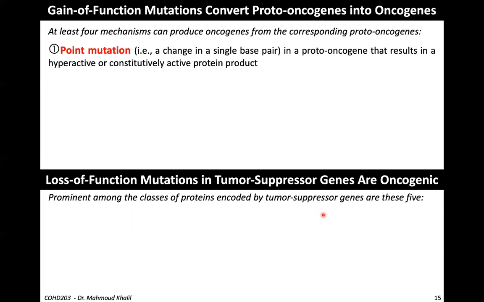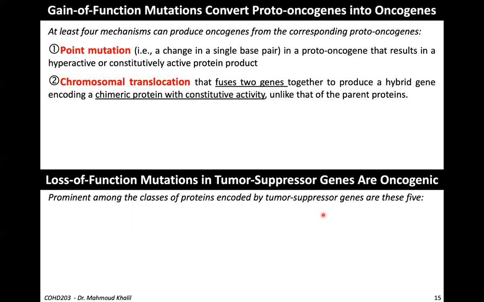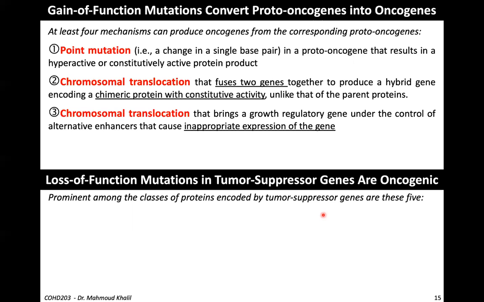The first one, of course, is a point mutation. As we said, it is a change in a single amino acid, a single base pair, that results in a hyperactive or constitutively active protein product. The second is chromosomal translocation, which may lead to fusion of 2 genes together to produce a hybrid gene encoding a chimeric protein that is always active, unlike the original or wild type protein.